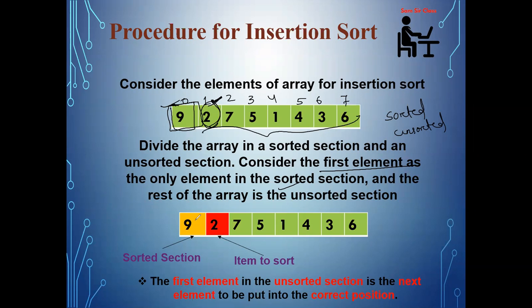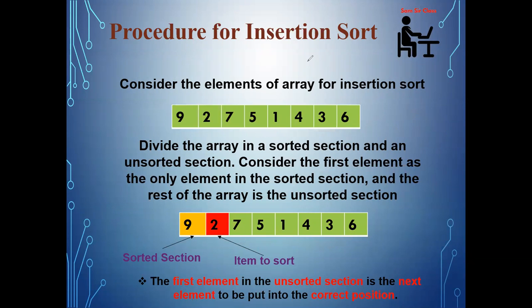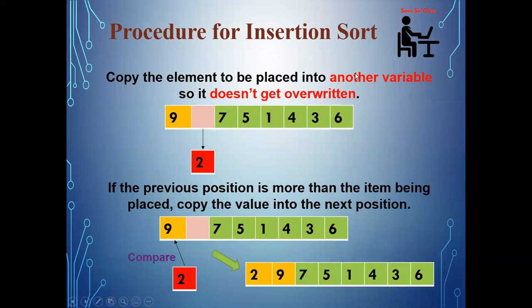We have given a yellow background, which means this is the sorted section, and red means from the unsorted section this particular item I have to sort currently. The first element in the unsorted section is the next element to put in the correct position. I have to search where 2 should be present, because this is not the original position of 2. Let us see how we do that through the process.